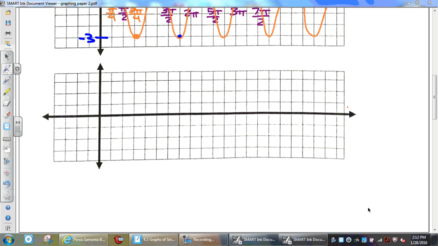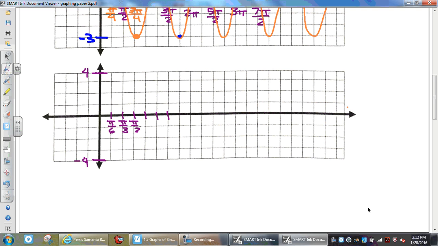So let's make this 4 and -4. Let's make that pi over 6, 2 pi over 6, which is pi over 3, 3 pi over 6, which is pi over 2.